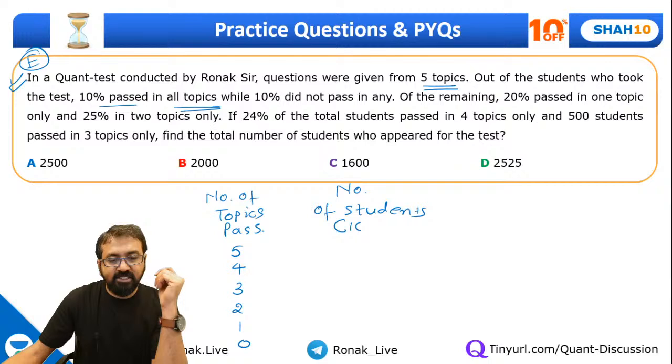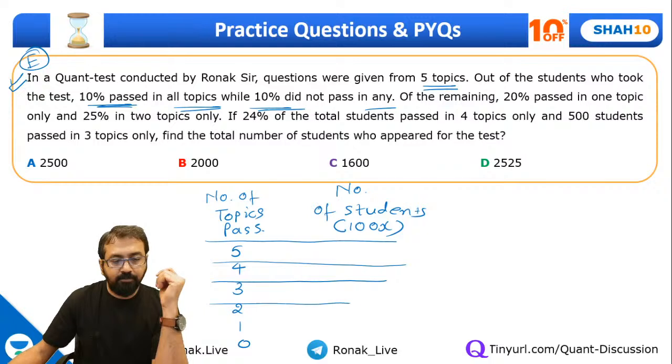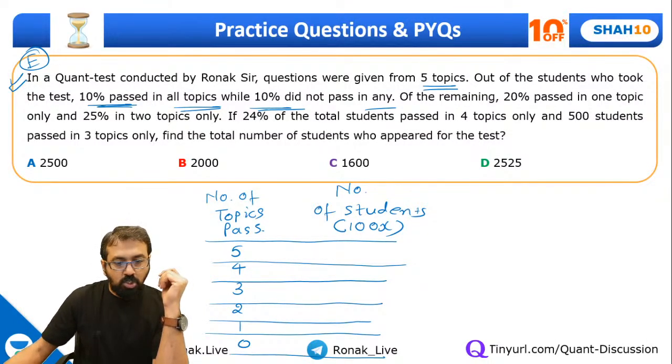Total students, let's take 100x. It says 10% passed in all topics while 10% did not pass in any of the topics. So this is 10% and this last value is also 10%, right?